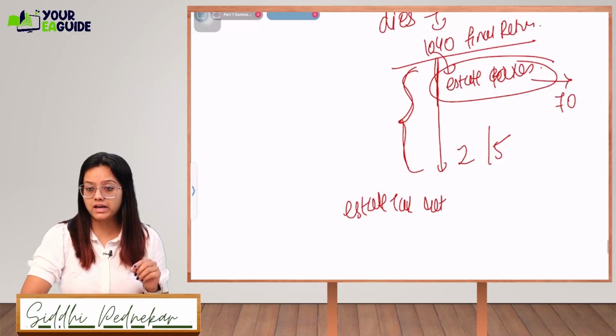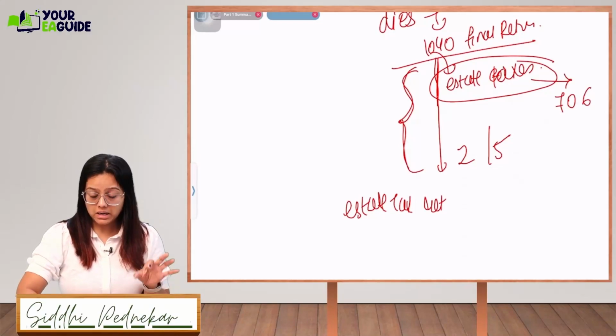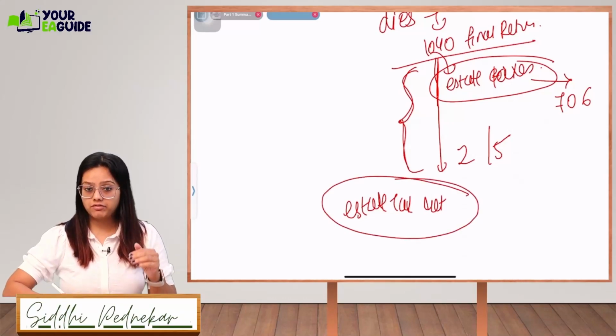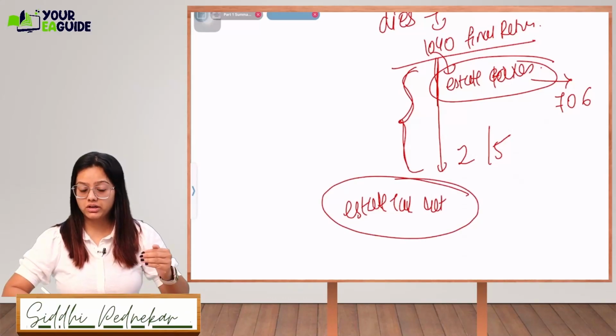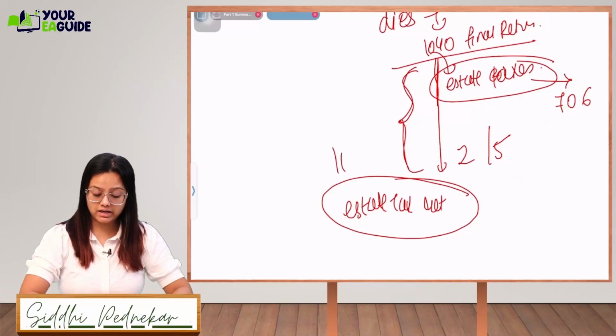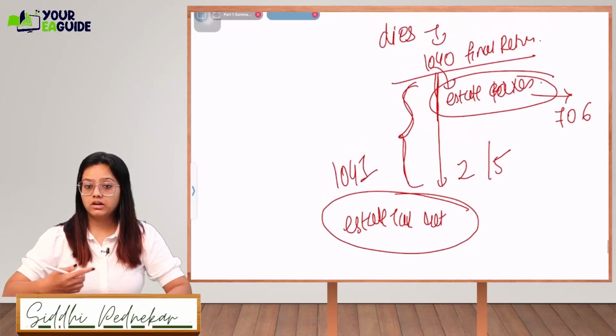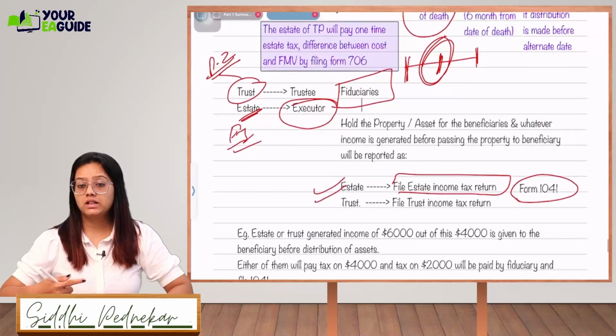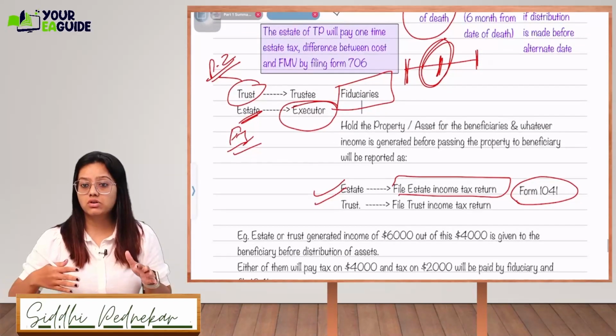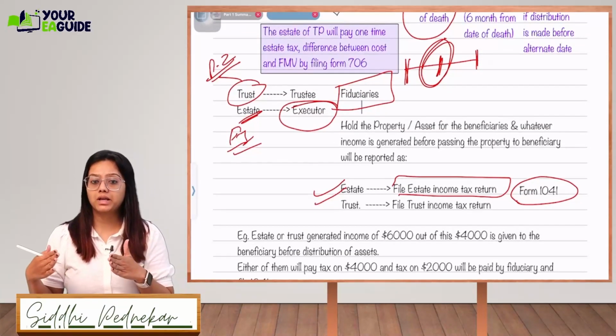But for the income generated every year, you have to report that income to the IRS. You will file a form 1041 every year for the existing estate until it is distributed.